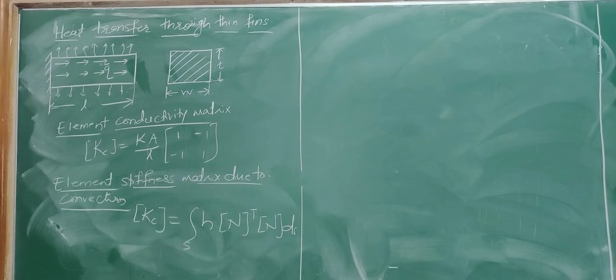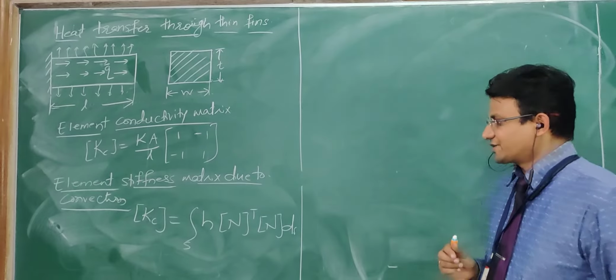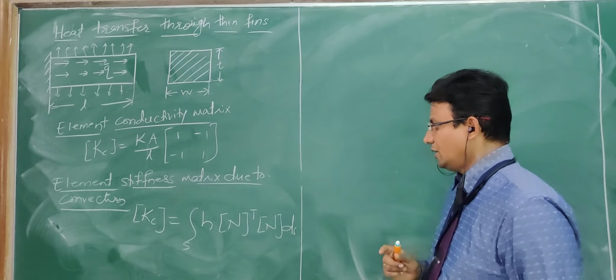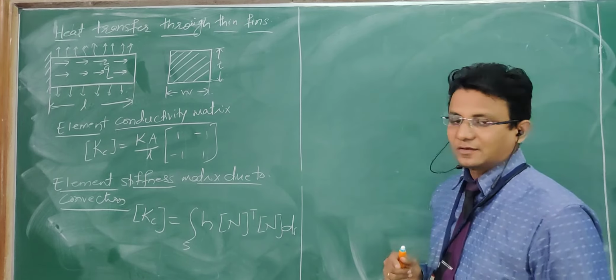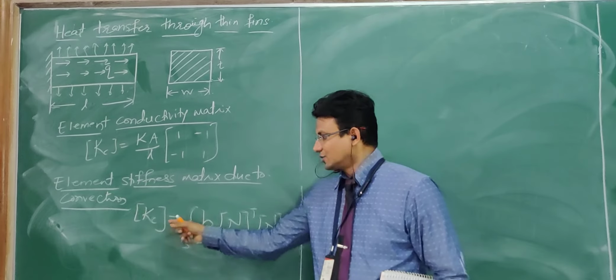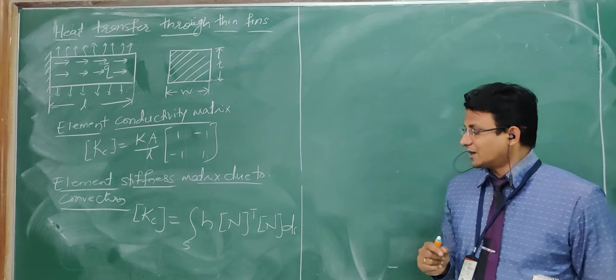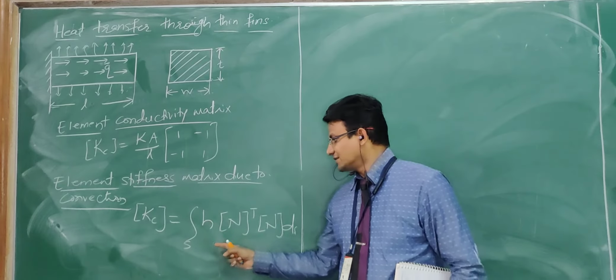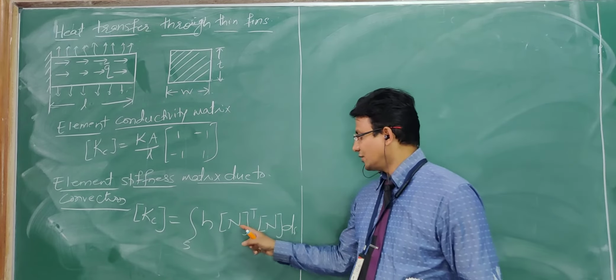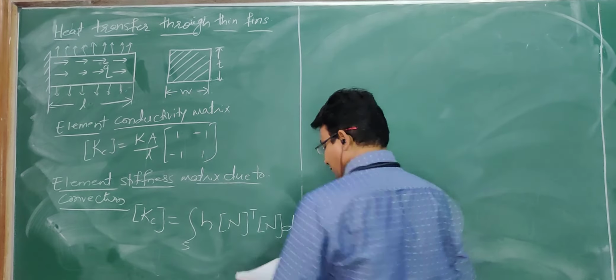Because we are considering the heat dissipation over the surface, and due to convection the heat transfer will be over the entire fin surface or the extended surface. So the element stiffness matrix due to convection is given as integration over the surface h into N transpose into N ds, where N is the shape function of the element.